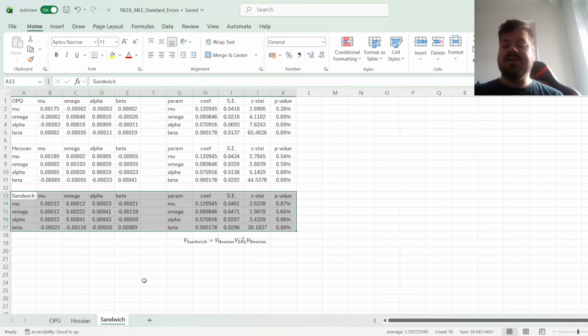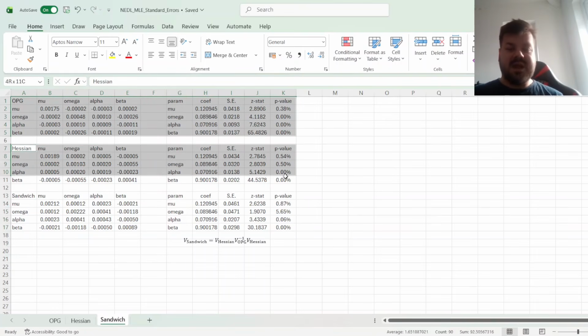So the sandwich estimator is perhaps the robust approach, the go-to approach for maximum likelihood estimation covariance matrices, and it is the one that is used by default in many software applications. However, it is the most complicated of them all, as it requires knowing both of these and also combining them together. If you have less time on your hands and a large sample, the OPG approach is preferable.